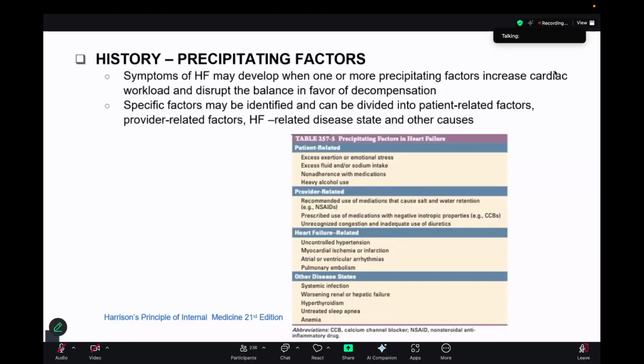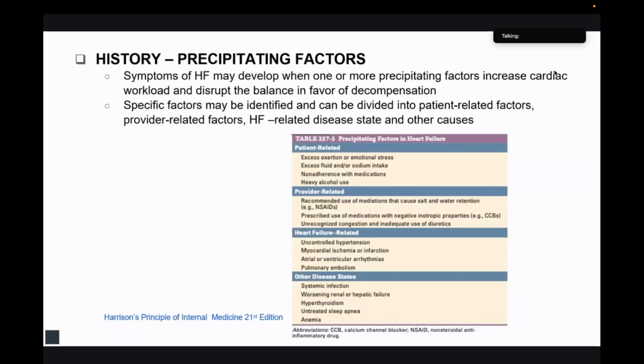So patients who are in heart failure but are not symptomatic can suddenly have a worsening of their heart failure because of increase in salt or water intake, non-adherence to medications for their heart failure, hence these are patient-related factors.